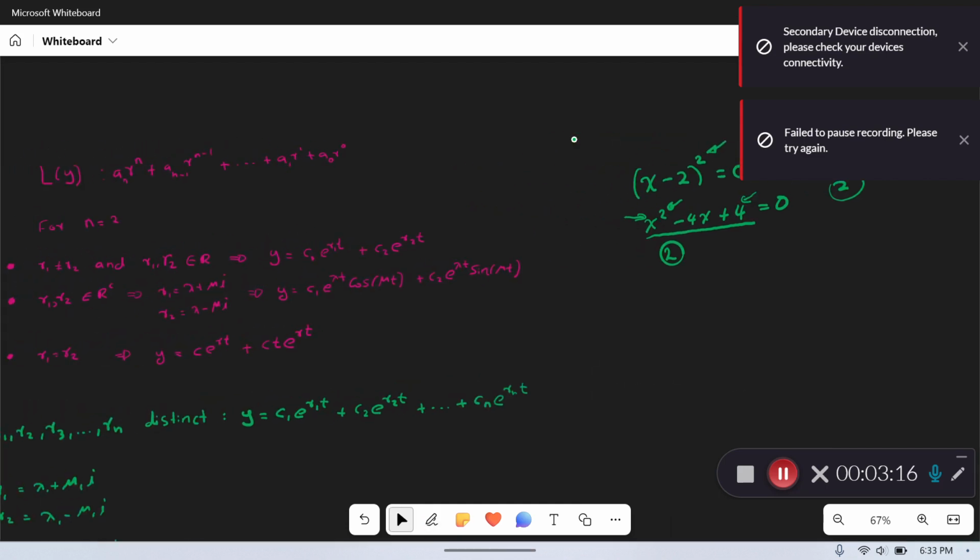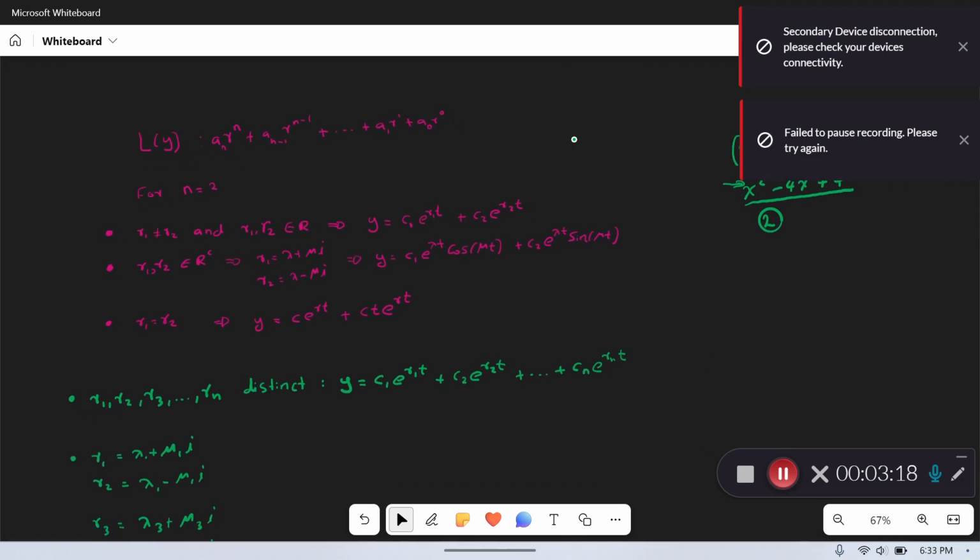Okay, right. Now, if we think about the pattern of the solution with respect to the nature of the roots, if the order is 2, this is what we learned before.